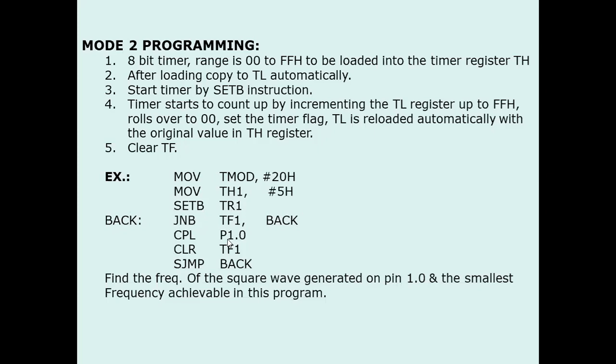This is again the case of LED blinking that we discussed in the earlier portion, where delay was generated by registers. Then CLR TF1, that is, we need to clear this overflow flag, and SJMP back. So this is the end.